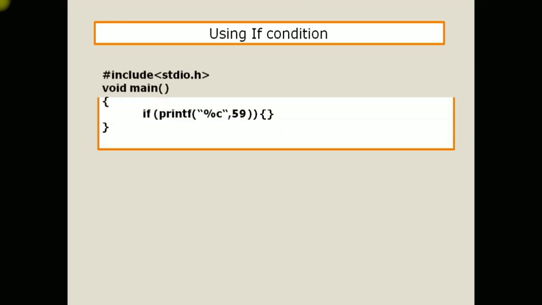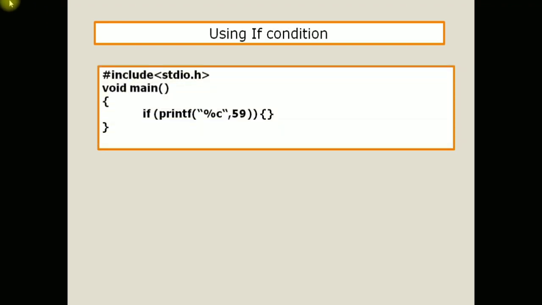First of all, using the if condition, how we are going to tackle this. This is a basic if block, and what I am saying is printf %c 59. 59 is the ASCII value of semicolon. As the problem was to print a semicolon without using a semicolon, we are not even using semicolon as a string.